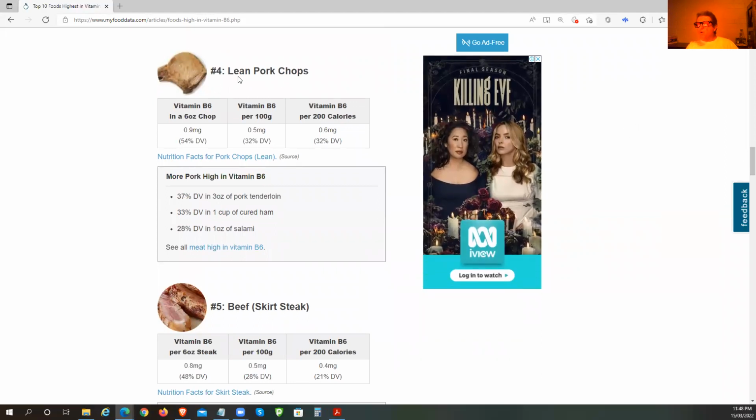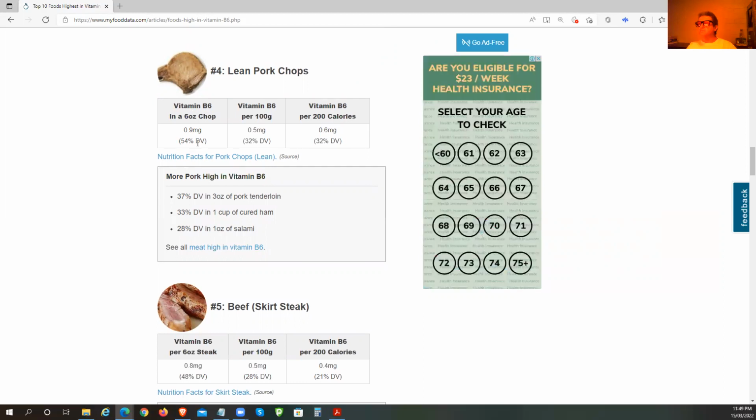And then lean pork is pretty good when it comes to the ruminants that we're dealing with, and the monogastrics, pork and beef are the ones that are there. They're not much different, we're talking about nearly 50% at 6 ounces.